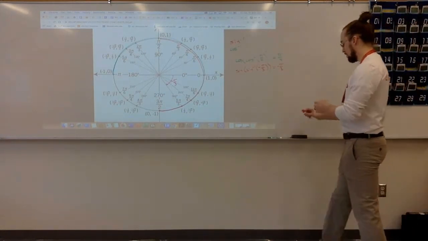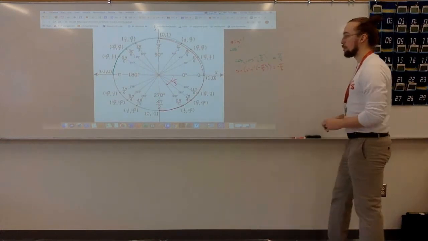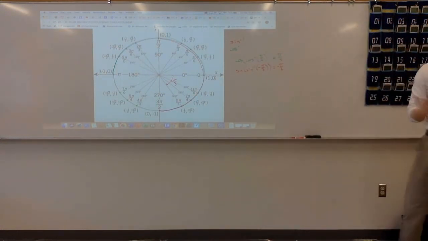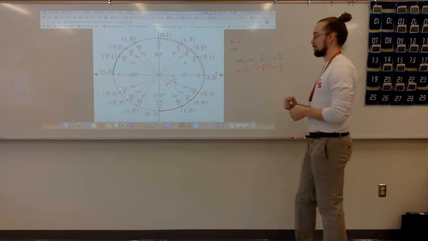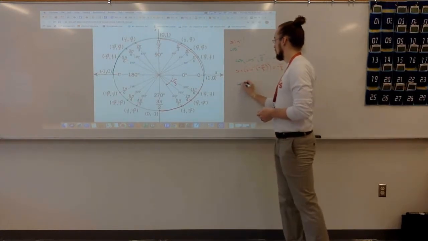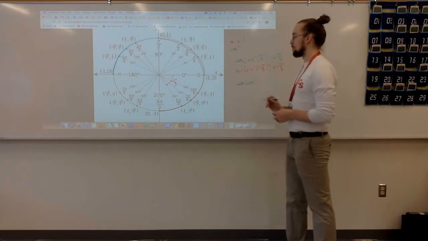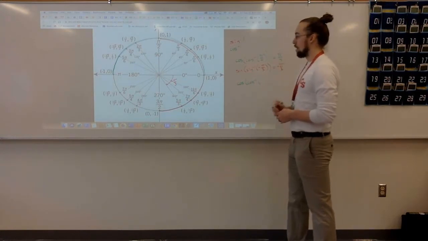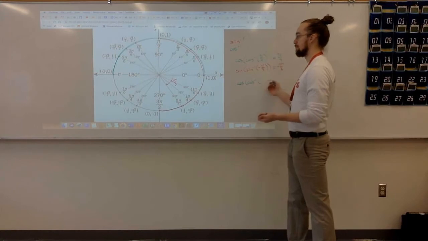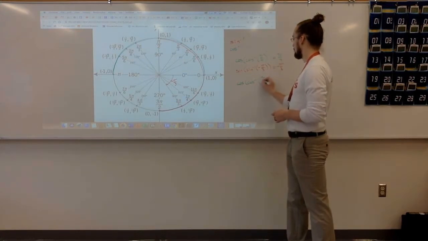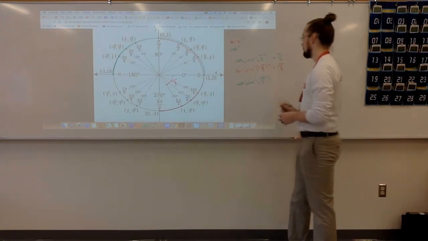Okay. What can get a little bit tricky is if we ask for a value that's outside of that range. For example, if I ask for the cosine of the inverse cosine of 7 pi over 6. Okay.